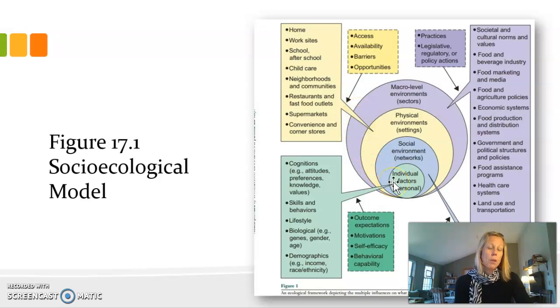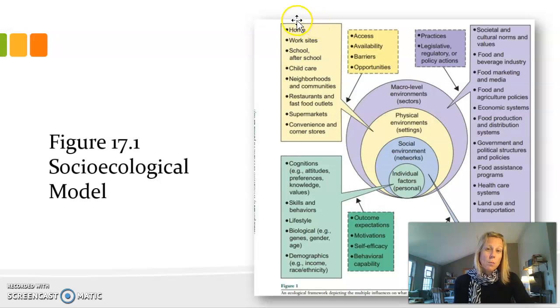We know there are a number of factors, which we've talked about this semester, ranging from the individual level and social environmental levels in terms of networks, all the way up to the physical environments and macro level environments. And this is the part that we're going to focus on today in terms of thinking about healthy food environments and what food environments look like.